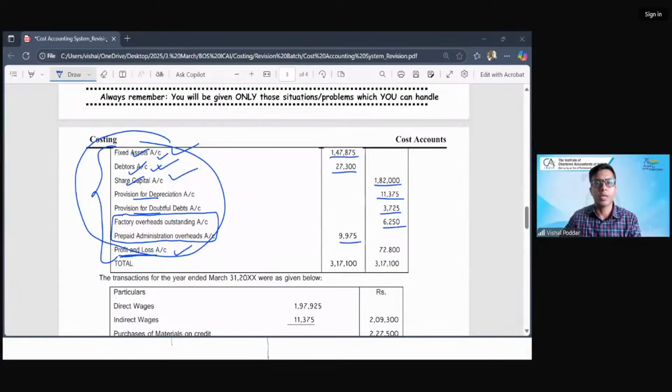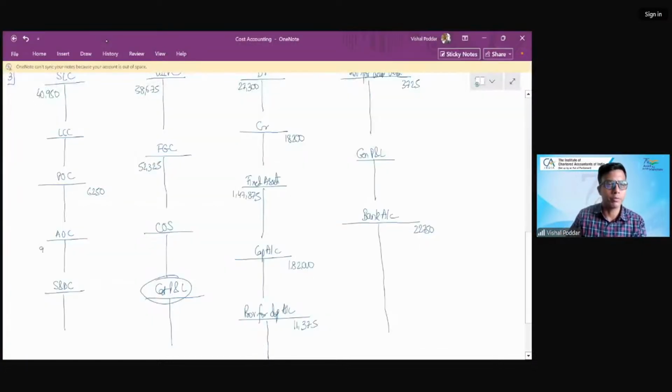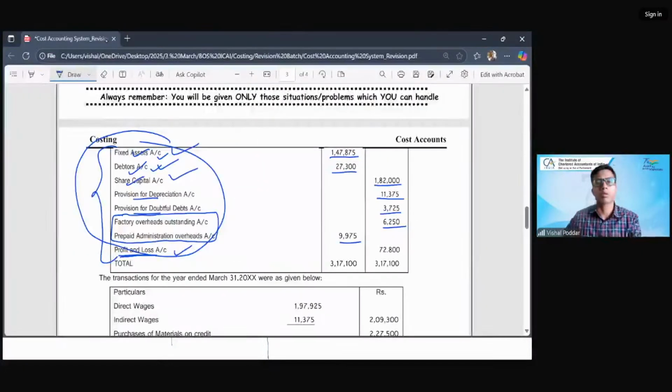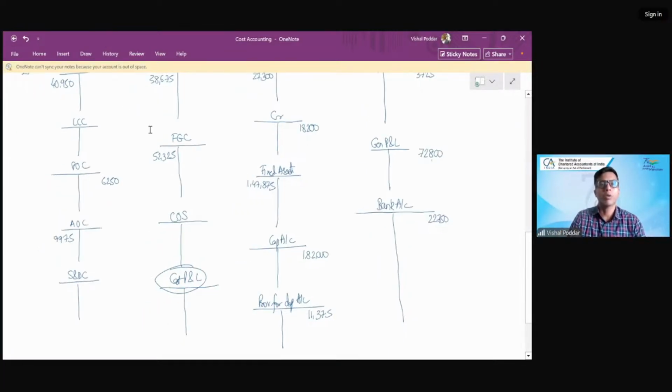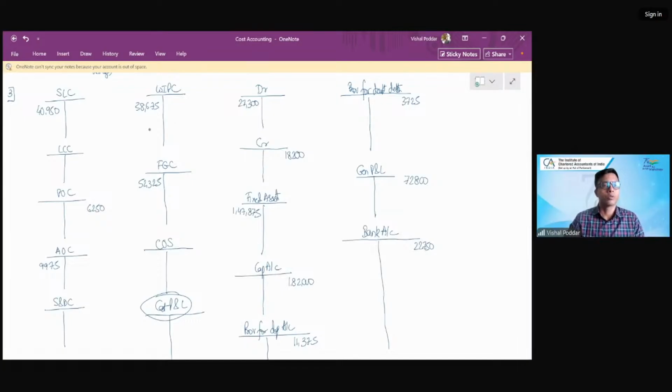Prepaid administration 9,975. And general P&L trade balance 72,800. So these are all our opening balances. We all know we write to balance or by balance brought down, so that you are going to write.